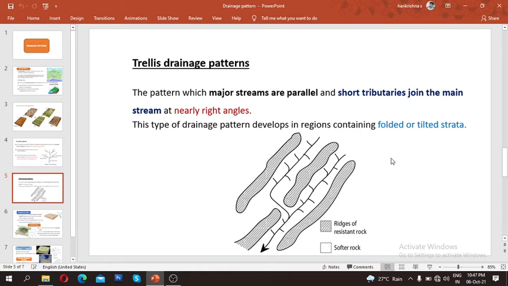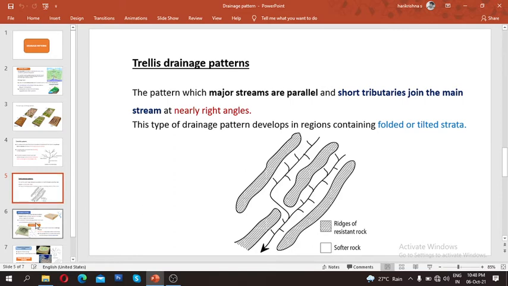And here also you can see the movement of water is demarcated. From all these tributaries, water will be collected to this main stream and it will be moving in this direction. And you can simply mark the legend. One is the ridges of resistant rock and the other you can simply mark as the soft rock.